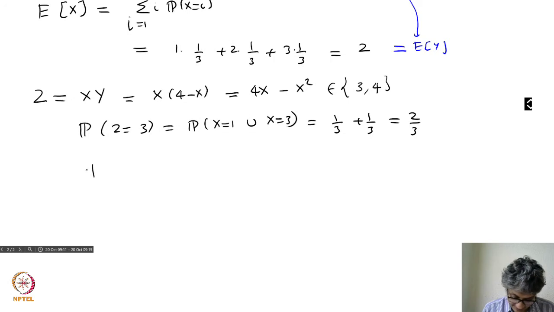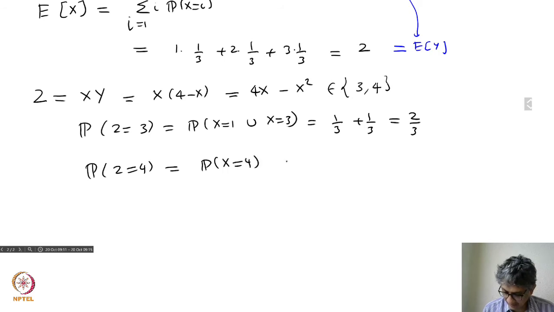Now the chance that z is equal to 4 happens only when x is 4, right? And that happens with probability 1/3. So that's the distribution of z.